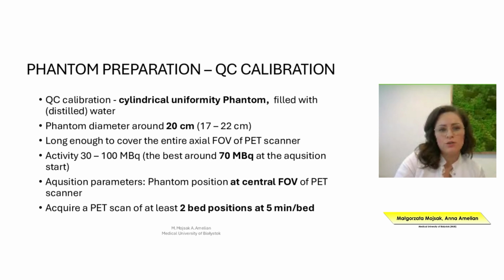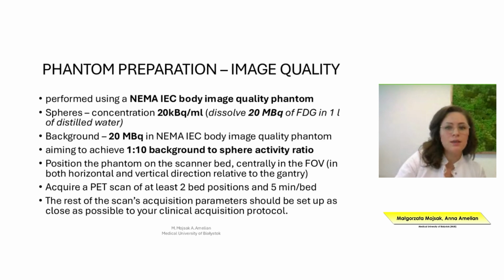And we can actually add some more activity. There is some scope of activity. We need to place the phantom centrally, and we need to scan at least two bed positions for 5 minutes. So this imitates what we usually do with our patients, and this is what we do with our phantom as well.